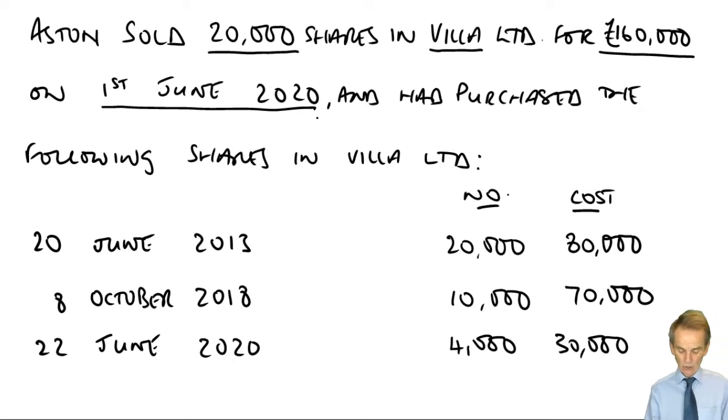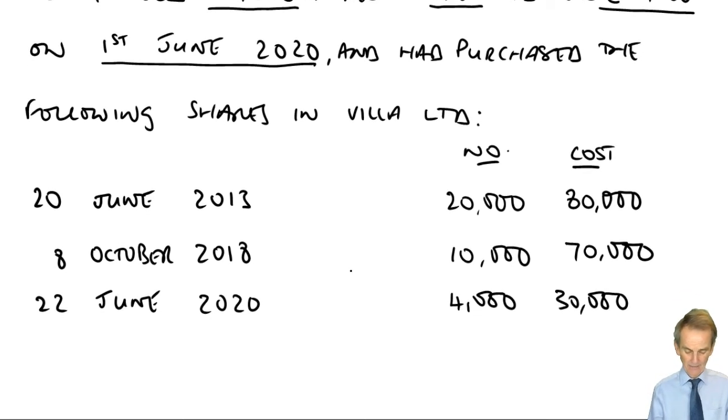And Aston had purchased the following shares in Villa Limited. What we see here is 3 dates in chronological order of the shares that have been purchased. What information do we need to know? The number of shares and the cost of those shares. So it all kicked off on the 20th of June 2013, where Aston bought 20,000 shares at a cost of £80,000.